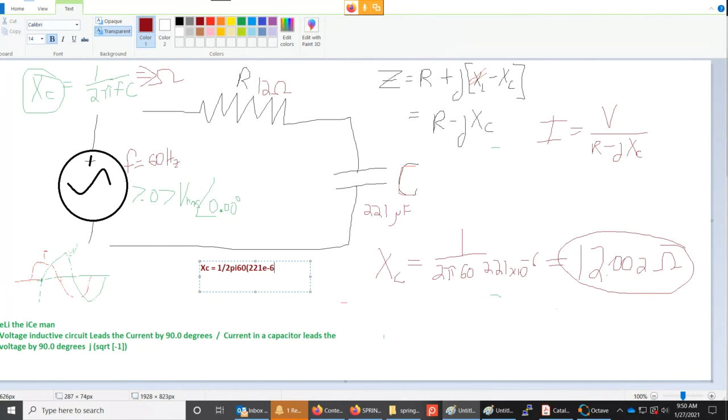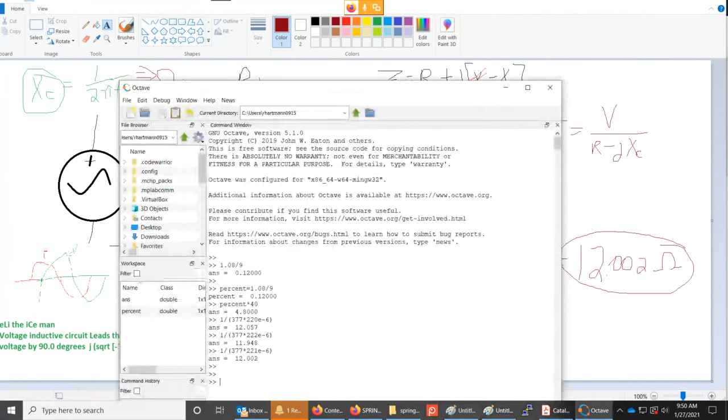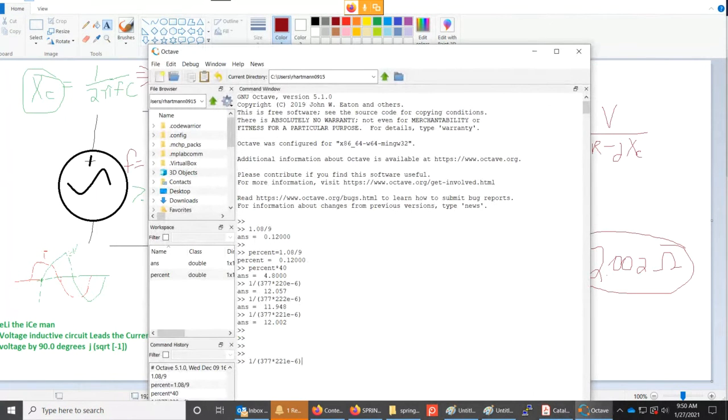I'm going to use the e to the minus 6 notation like Octave or your calculator uses. All right, so I did that calculation right over here. You can see that 1 over 2 times pi times 60 times 221 microfarads gives me 12.003.